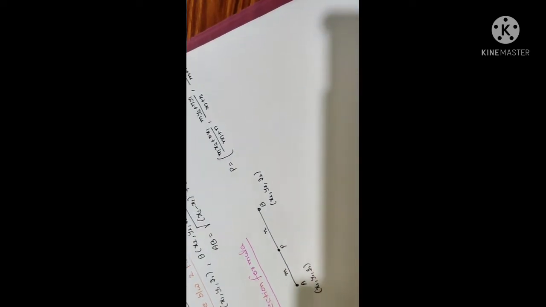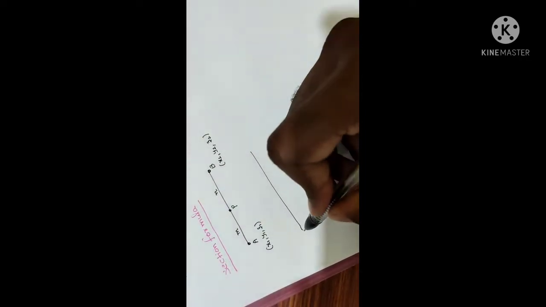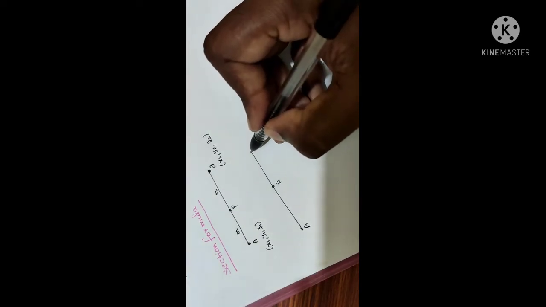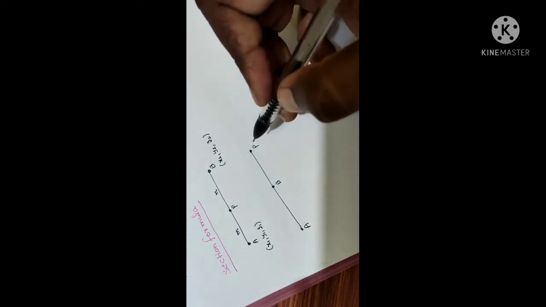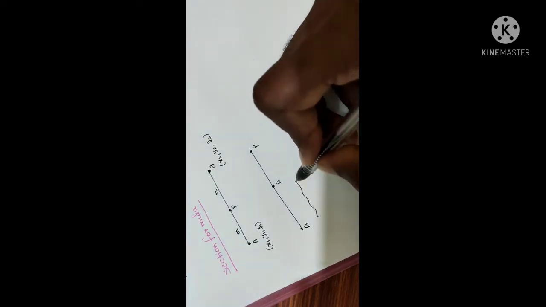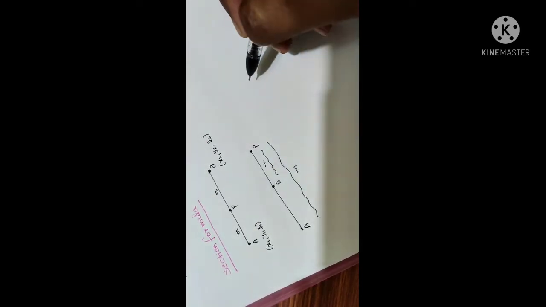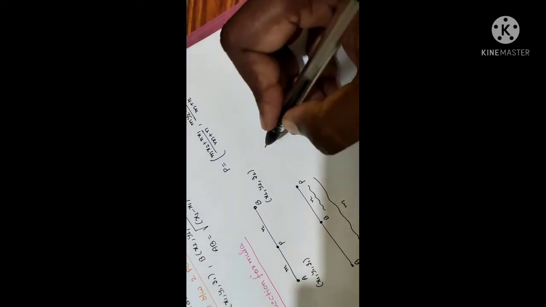For example, the same line AB, but this P divides AB in the ratio m:n externally. Now this is m and this is n, but here the P point is an external point.